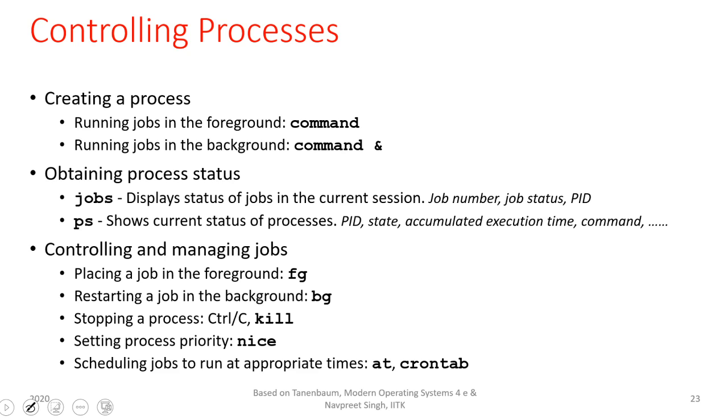So creating processes, for example, we can run the command or call the file and run the process. And if you want to run the process in the background, we will use the ampersand operator at the end of the command to specify that it should happen in the background. Then we can use jobs or ps commands to view current process statuses.